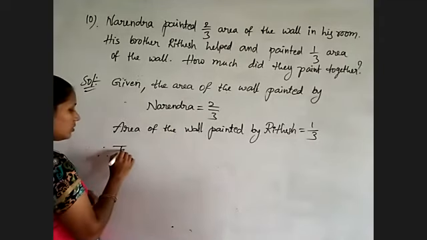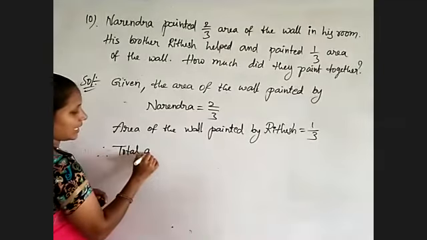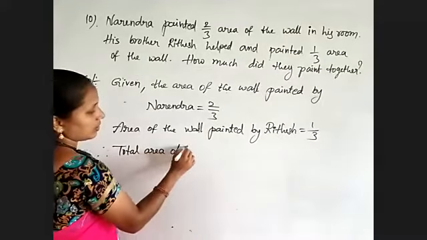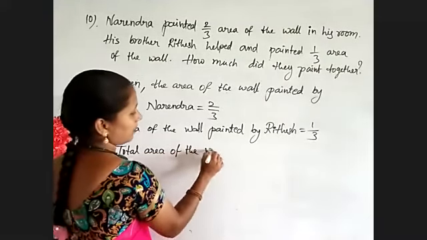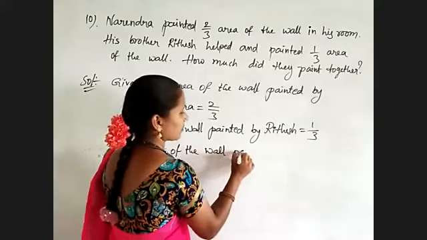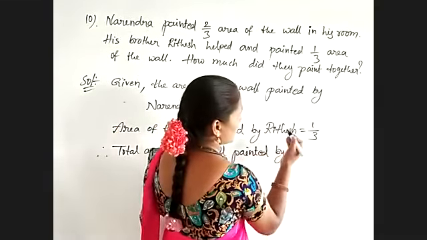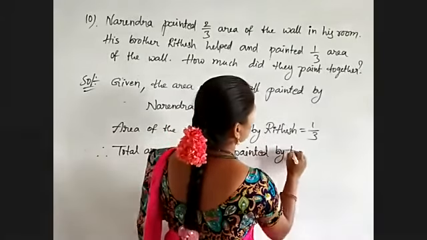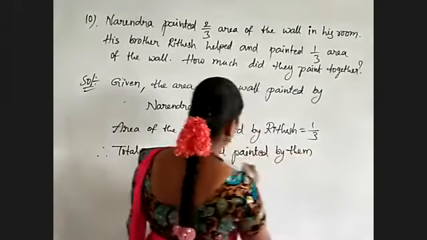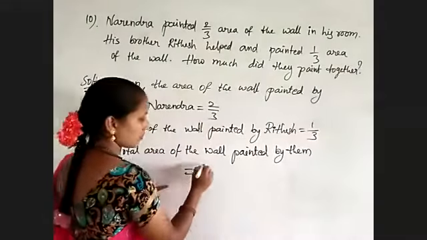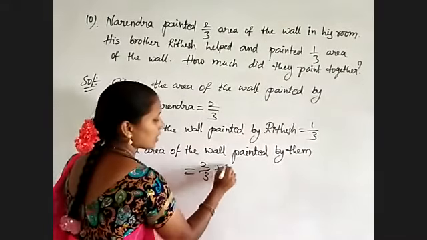Therefore, total area of the wall painted by both of them is equal to 2/3 plus 1/3.